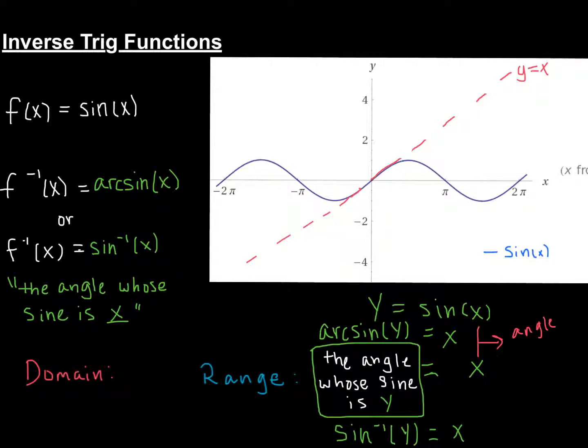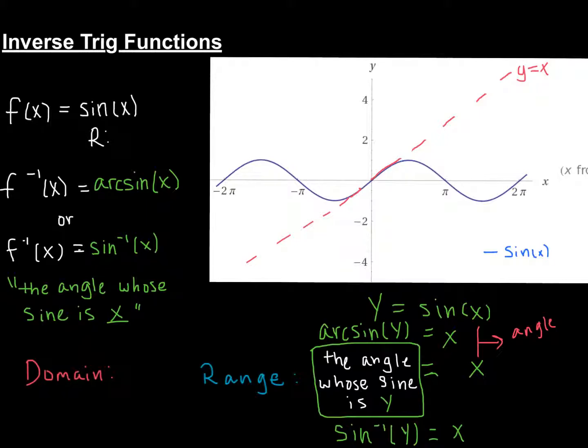Now, this should make sense in thinking about the domain and range of the original function, the sine function, and then noticing that for our inverse, the range of the original function will be our domain. And so if we were to look at the range of our original function f of x, we know the sine function has a maximum y value of 1 and a minimum y value of -1.